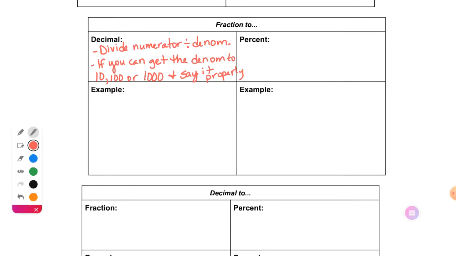Sorry, that's a lot of words to show what to do. But Brady said if it's a fraction, like 3 over 10, how do you say that properly? 3/10. Can we write 3/10 in decimal form? Yes. If it's over 100, like 87 over 100, we would say 87 hundredths, which would be 0.87. Same thing with thousands. So if the denominator is not a 10, a 100, or 1,000 already, if you can easily get it there by creating an equivalent fraction, that's usually the easy way, but they're not all that easy.